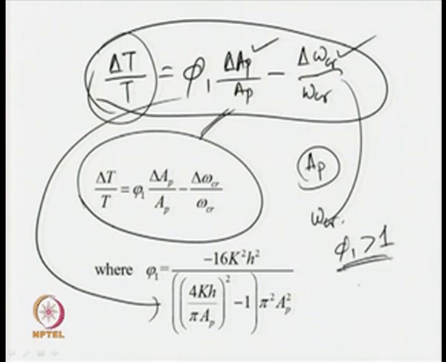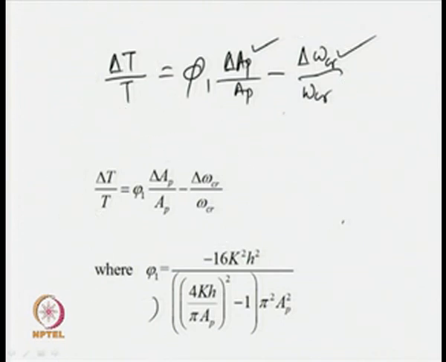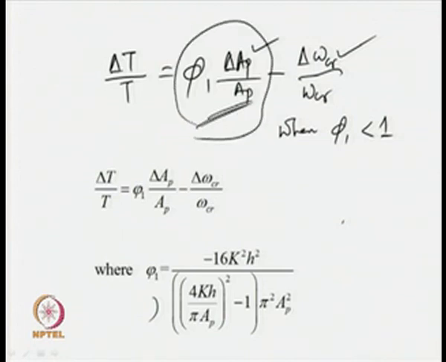But when phi 1 is less than 1, then the significance of the first term is reduced, and consequently delta t upon t can be approximated by minus delta omega c r upon omega c r.